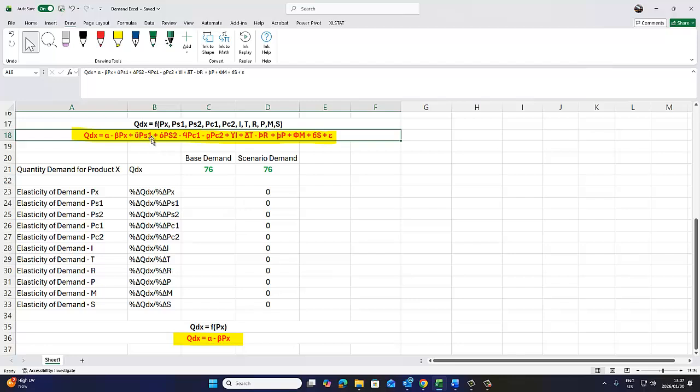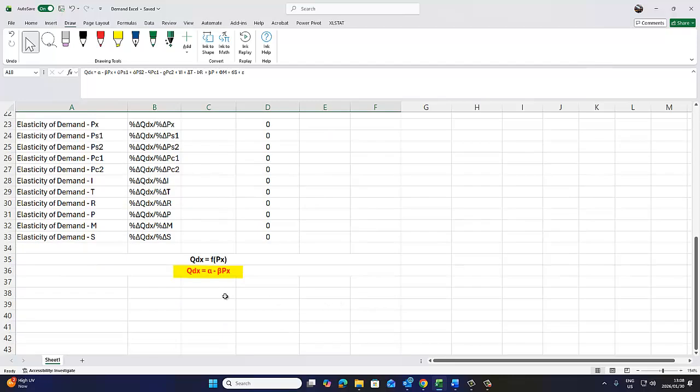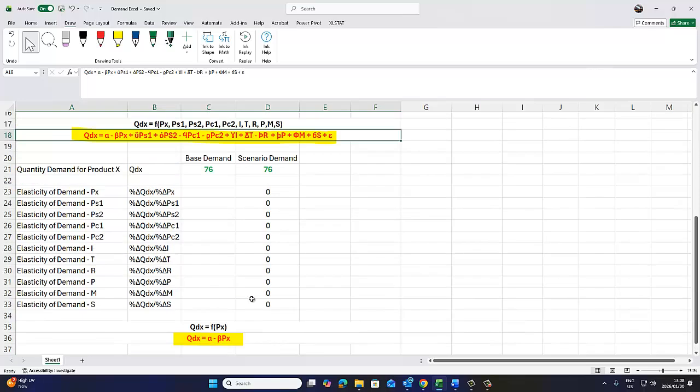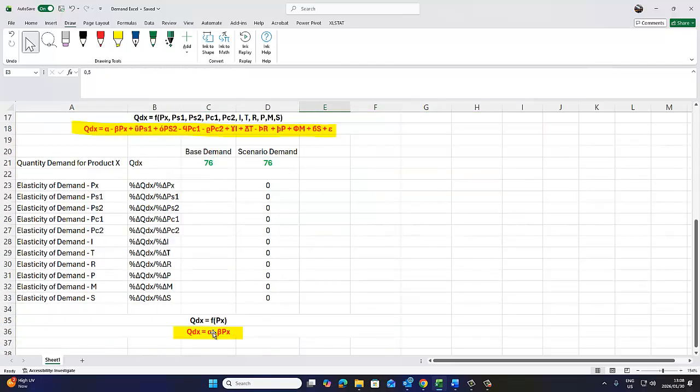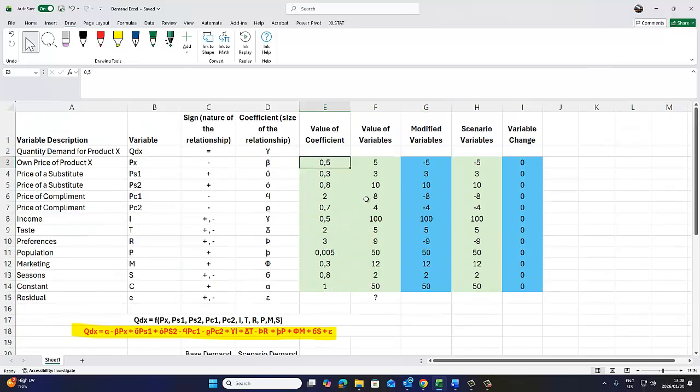So the price of substitute 1, the price of substitute 2, price of complements, etc., those values will be captured in the constant. So what we have left is quantity demanded is equal to a constant, whatever the constant is, minus beta, meaning minus 0.5 price X. And obviously we're going to have price X as 5 Rand.